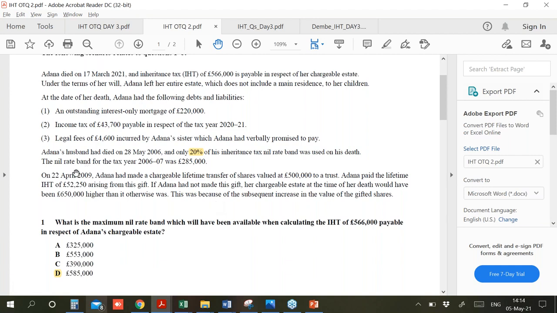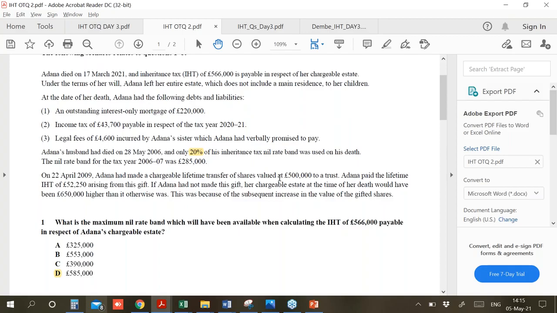Now, moving on. On 22nd April, Adana made chargeable lifetime transfers of her shares valued at 500,000. Adana paid the lifetime gift IHT of 52,250 arising from this gift as well.